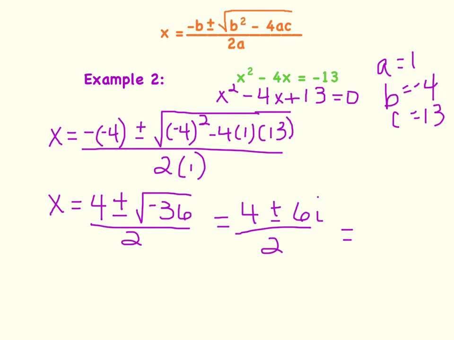So I can simplify that. And it will be 2 plus or minus 3i. So these are my solutions right here. And yes, I do have 2 solutions. One of my solutions for x is 2 plus 3i. My second solution for x is 2 minus 3i.